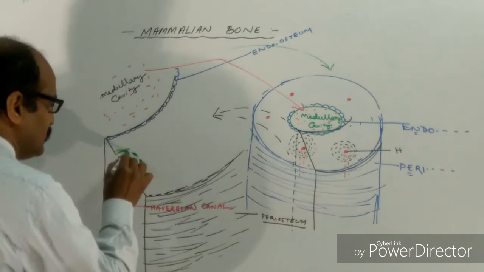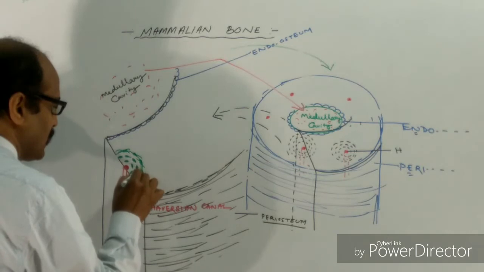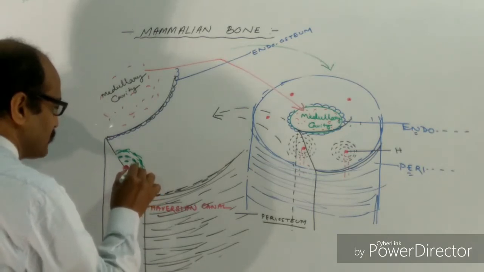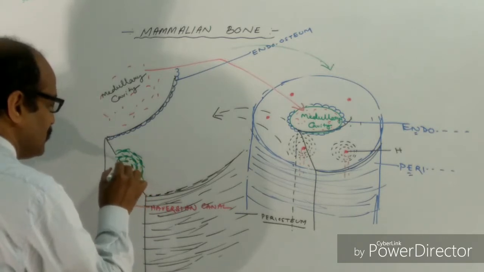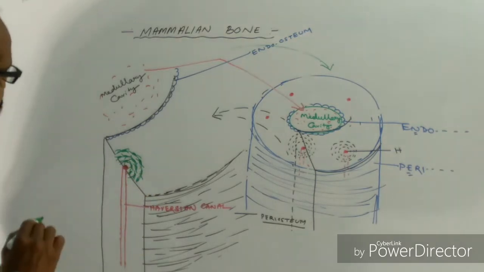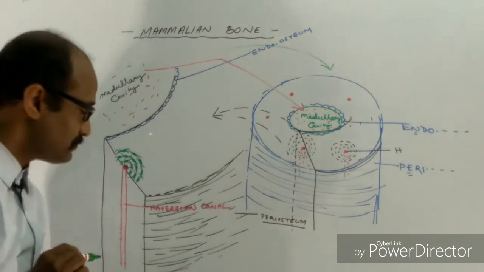So these are the canaliculi. Why are canaliculi present in bone cells?